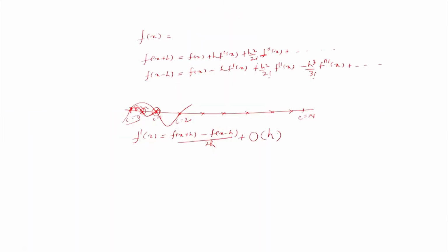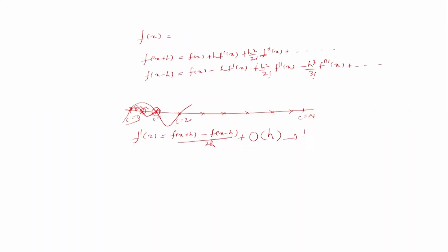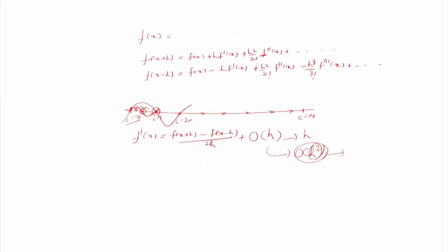First, suppose this order is h. Then we can find the error of approximation for a particular h. Sometimes it is order of h square. Whenever we consider h square, h is a very small quantity, so this term will have a very small effect on the solution process.